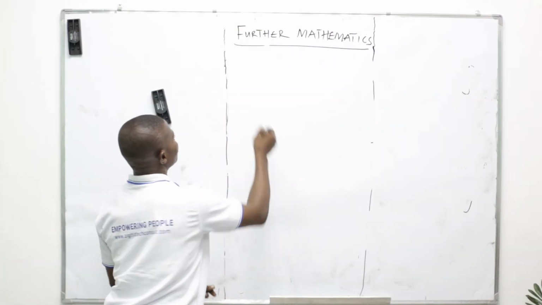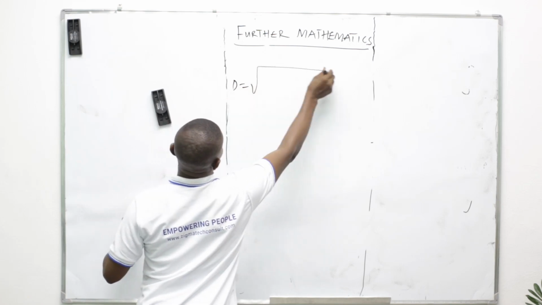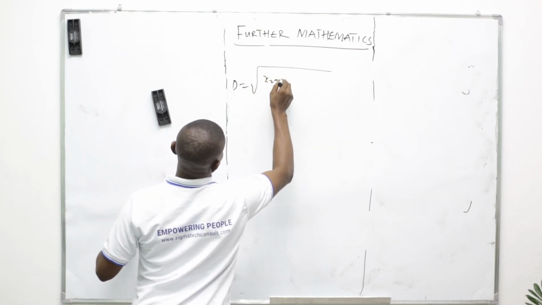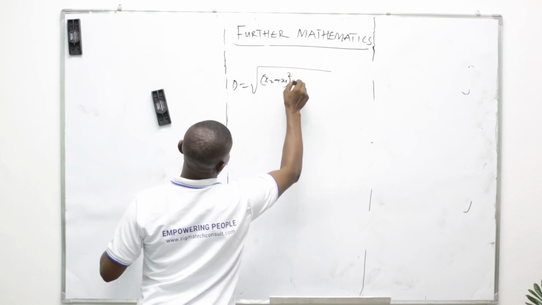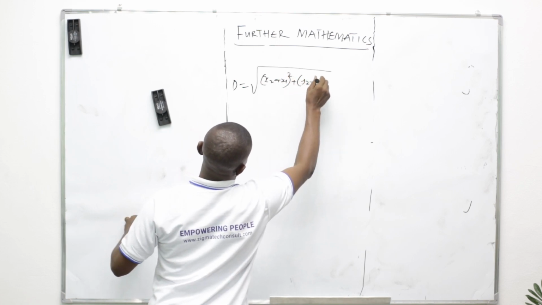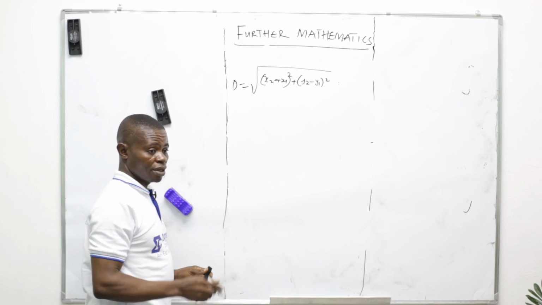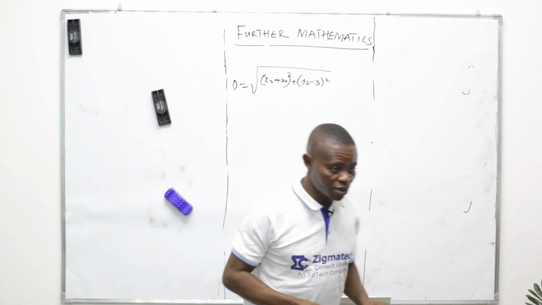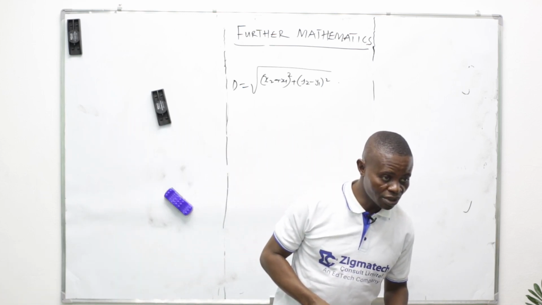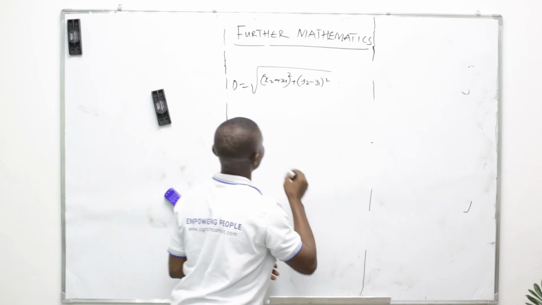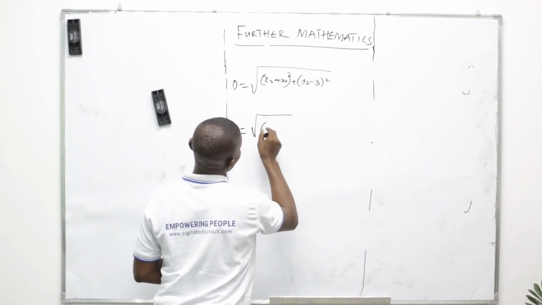D equals square root of x2 minus x1 all squared plus y2 minus y1 all squared. Now I have my x2, which is 2. 2 minus minus 4 is plus 6, and that's 6 squared.